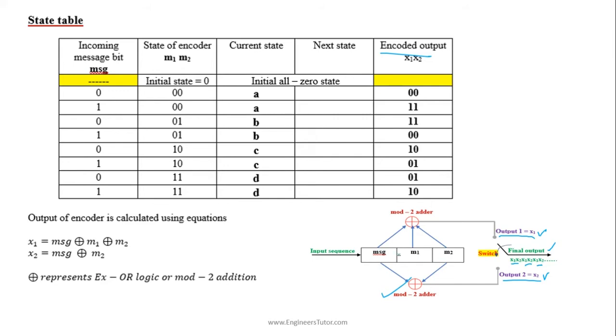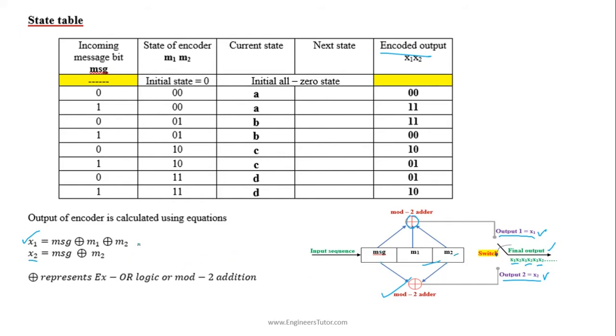From this diagram we can represent the first output x1 as the modulo-2 addition of MSG plus M1 plus M2, because all 3 are connected to the mod 2 adder. The second output is connected to the first stage and last stage, so x2 is MSG plus M2.